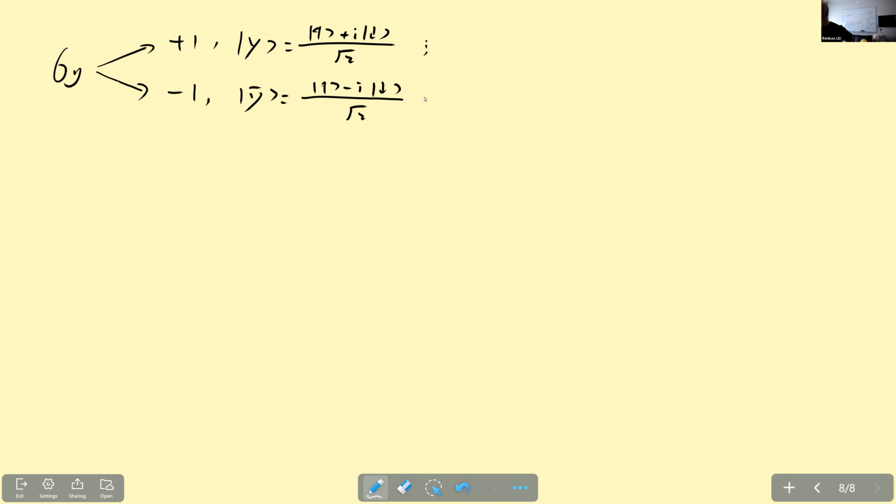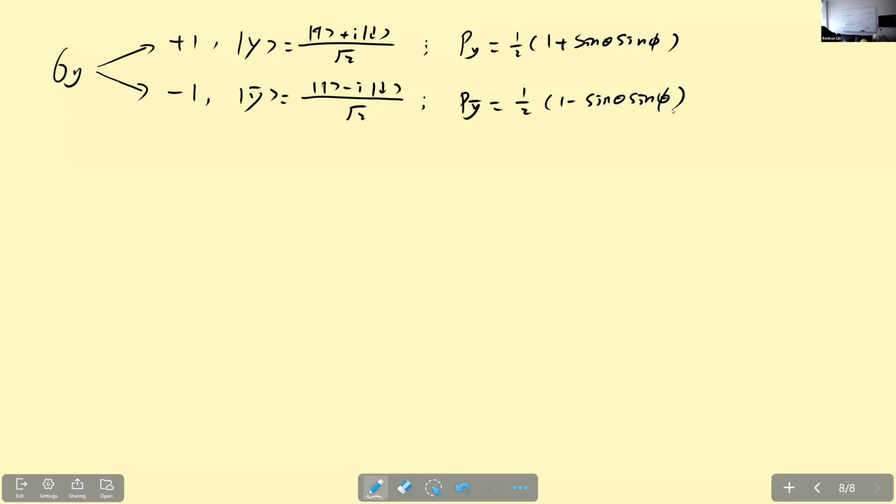And the probability p plus y equals 1/2 (1 plus sine theta sine phi). I leave this one for you to calculate as an exercise. Another is 1 minus sine theta sine phi.